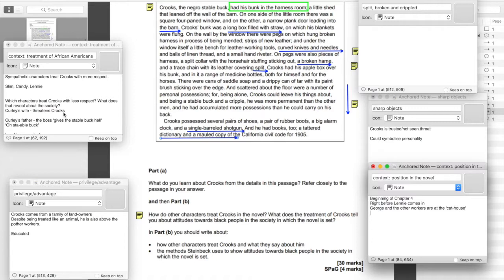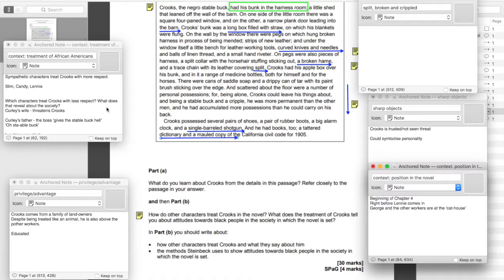I will mention briefly Curly's father and his negative treatment there, and I will also talk a little bit about how the sympathetic characters treat him, but I would choose to focus on Curly's wife.